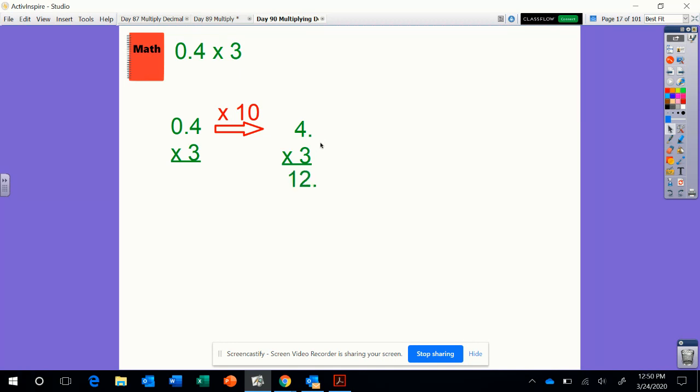Like I said, we can't just automatically give ourselves more of something and leave it that way. We moved our decimal one place to get rid of it so we could multiply to make it easy. Now that we've moved it away, we have to put it back. So think of the opposite. What is the opposite of times 10?